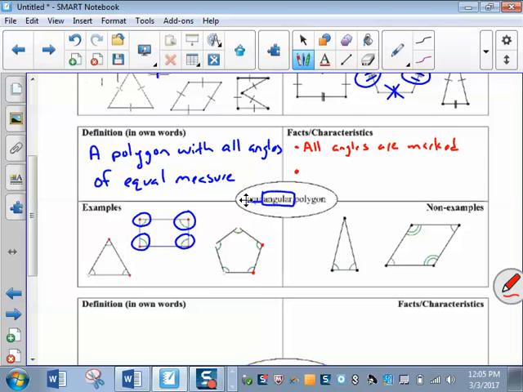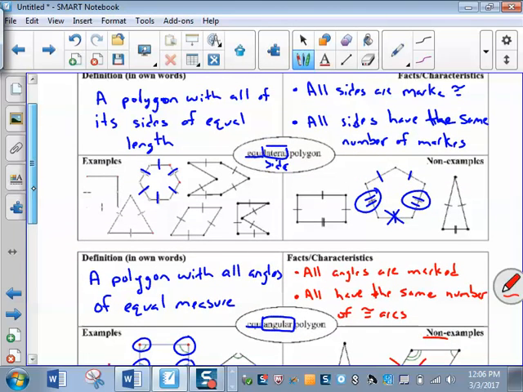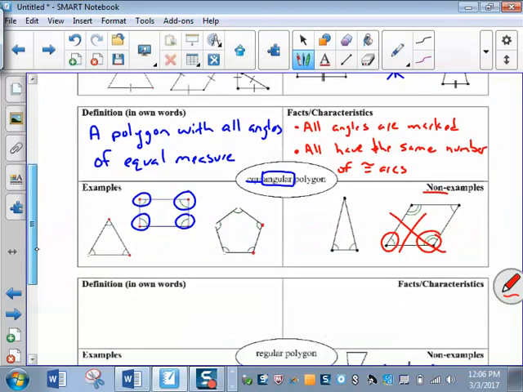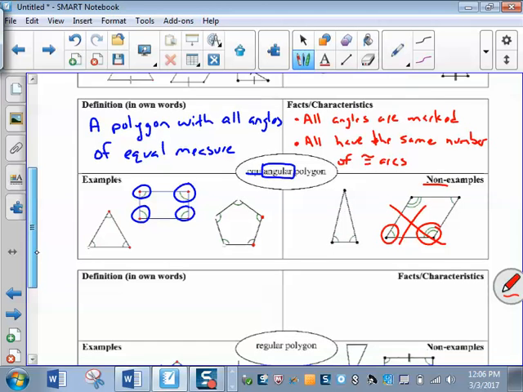Again, you also want to check that they all have the same number of congruency arcs, right? So for example, this quadrilateral here has a 1 mark and a 2 mark. Those are not congruent to each other. So it's not equiangular. Okay? So equilateral, all the sides are the same. Equiangular, all the angles are the same.